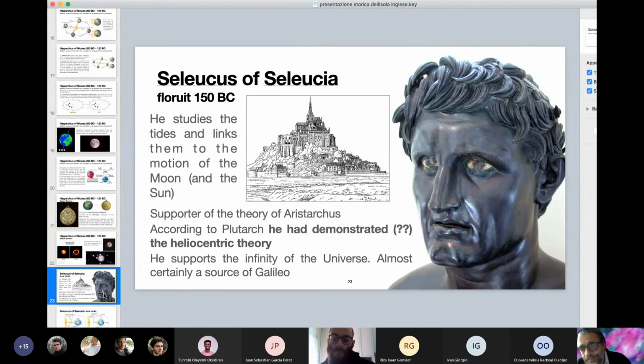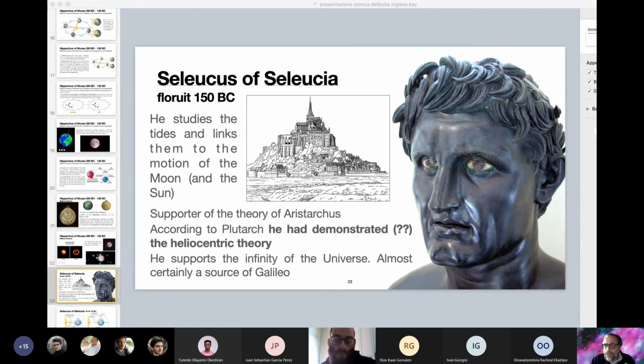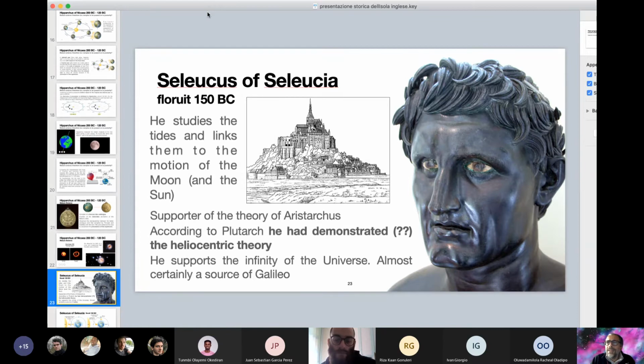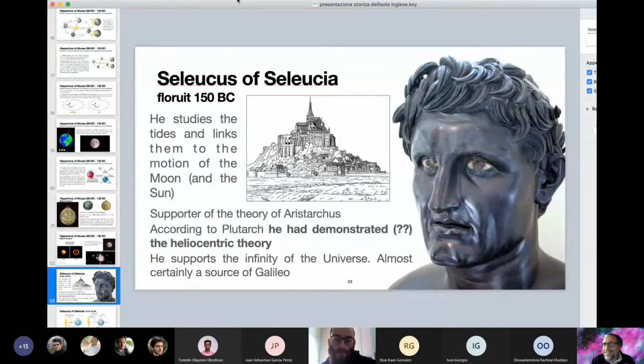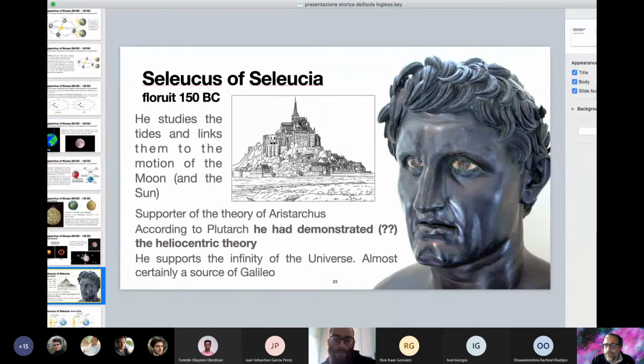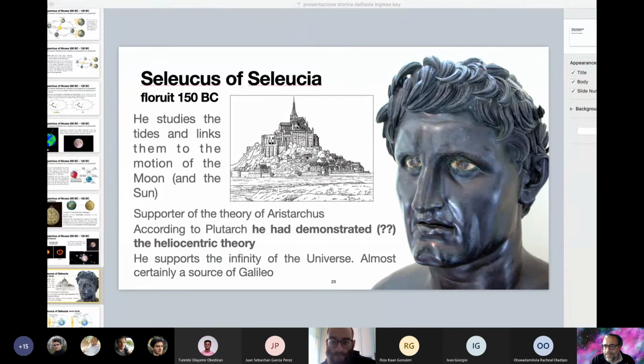Okay. Now, we must conjecture that another big scientist, Seleucus of Seleucia, gave some extra contributions to mechanics.